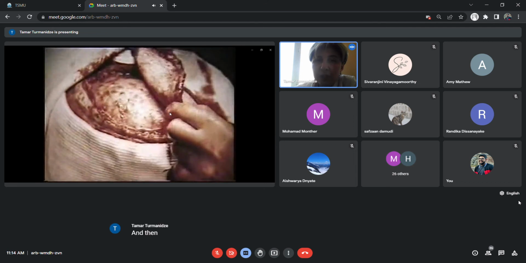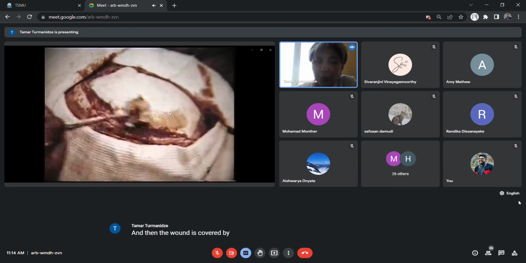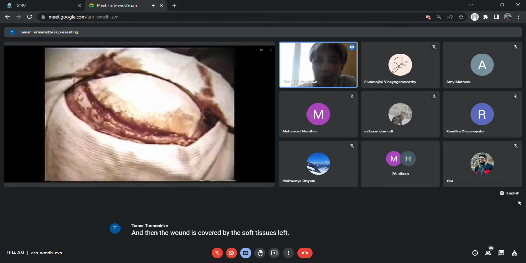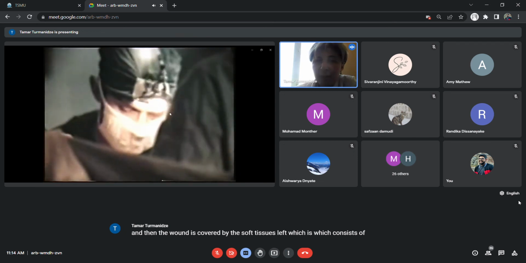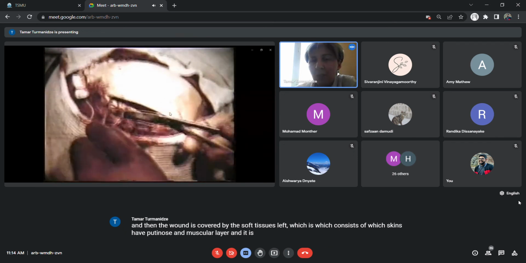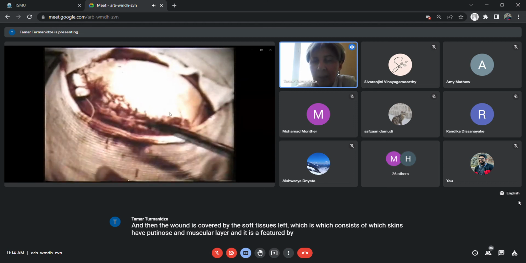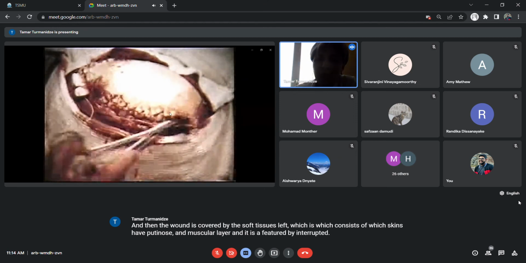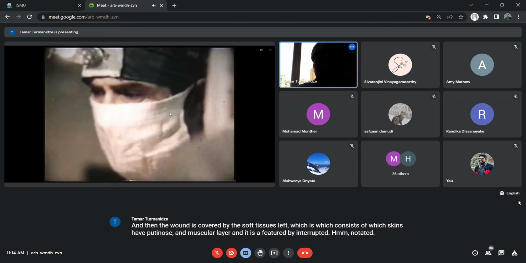Then the wound is covered by the soft tissues flap, which consists of skin, subcutaneous and muscular layer, and it is sutured by interrupted knotted stitches.